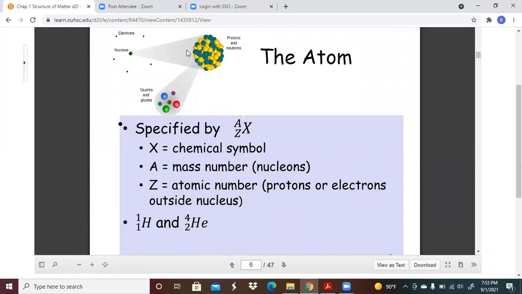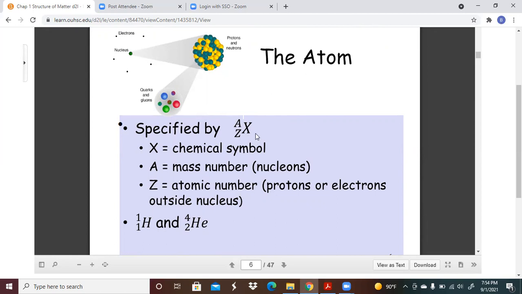So here's a small scale of an atom where you've got electrons circling around it. And if you look at those protons and neutrons, you'll find that they're made up of quarks and gluons. So the example here is that you have a chemical symbol, X. You have the number of nucleons up here. You have the number of protons here.